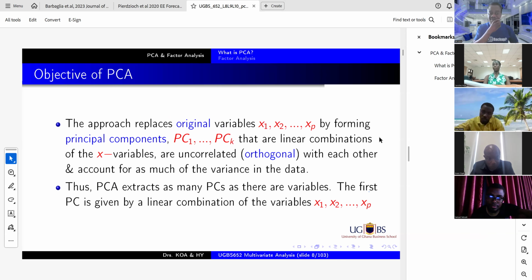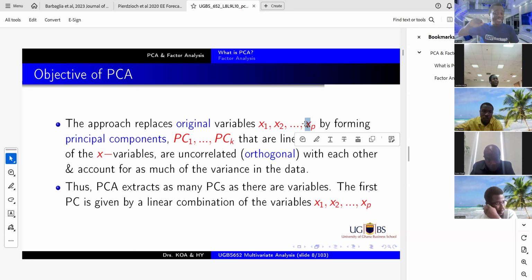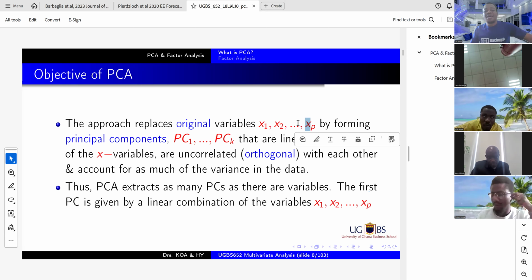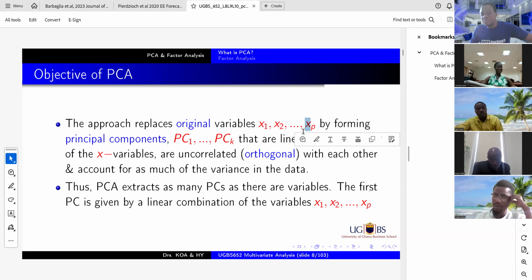So let's take an objective here. The original variables are x1, x2, x3, all the way up to xp. P is the maximum number of regressors. Now you decide to combine them. You form something we call a principal component.